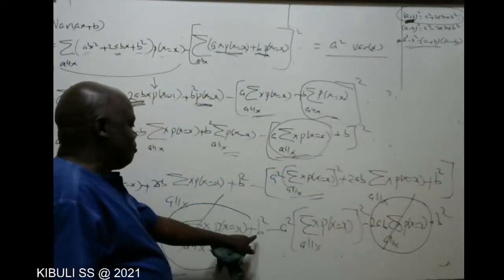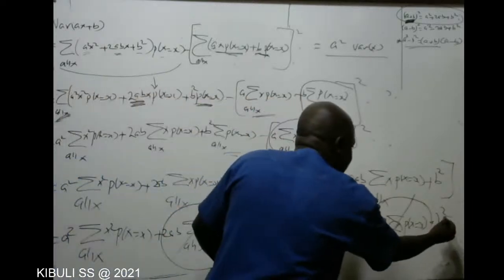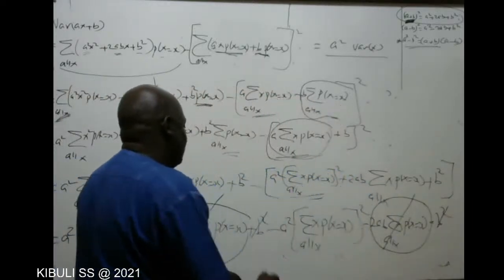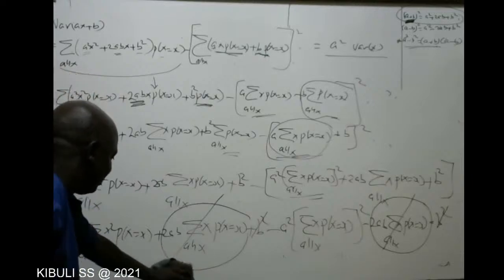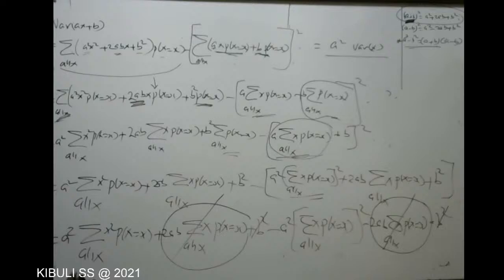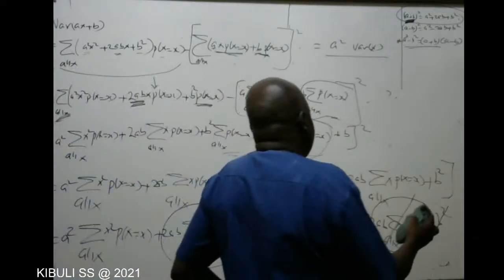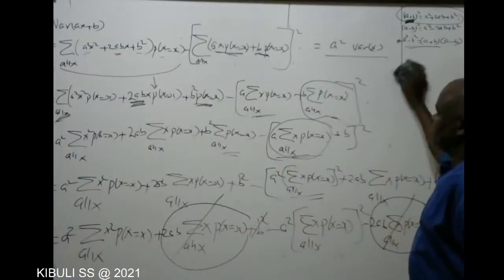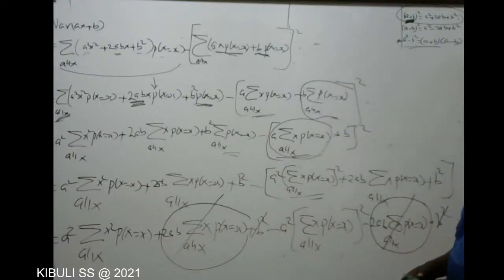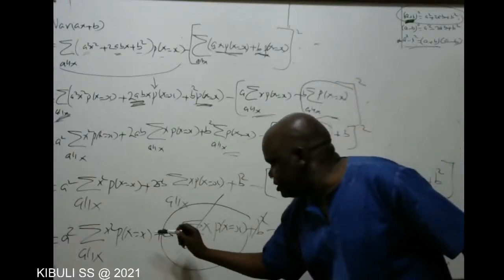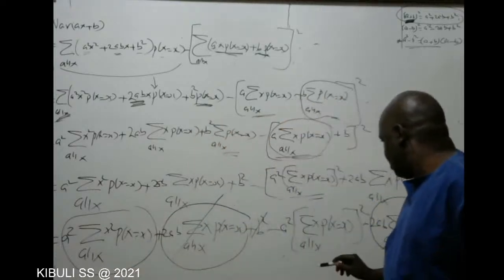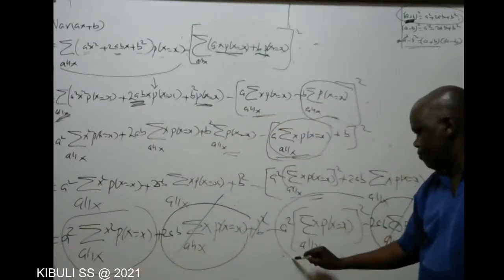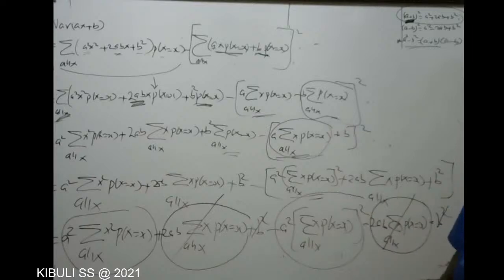Then, this plus b squared and this minus b squared, so this one will cancel with that one. And what are you now left with? You can see you're now left with this term, and only this term. I hope you follow that.